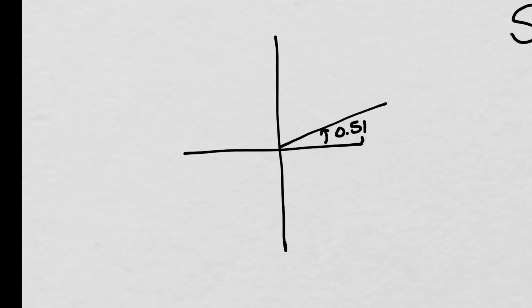So I'm going to draw the mirror image here, and then the question is, what is this angle? If this was 0.51, then what I'll do is take pi, this would be pi, and subtract 0.51 from pi and see what value I get.